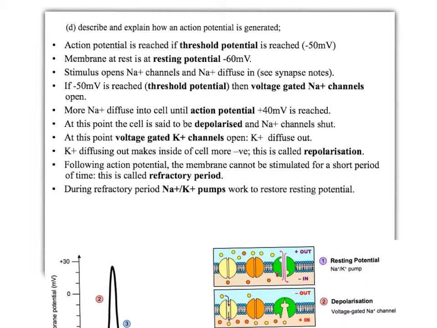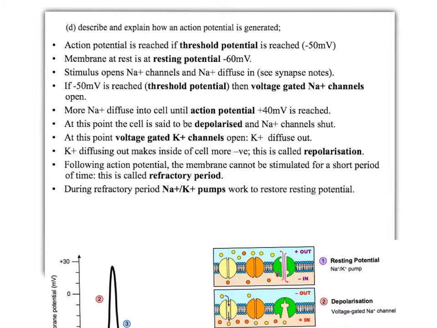So we've gone from resting potential to threshold potential and suddenly to action potential. At resting potential we can describe the cell membrane as being polarized. At action potential we say the cell membrane has been depolarized.